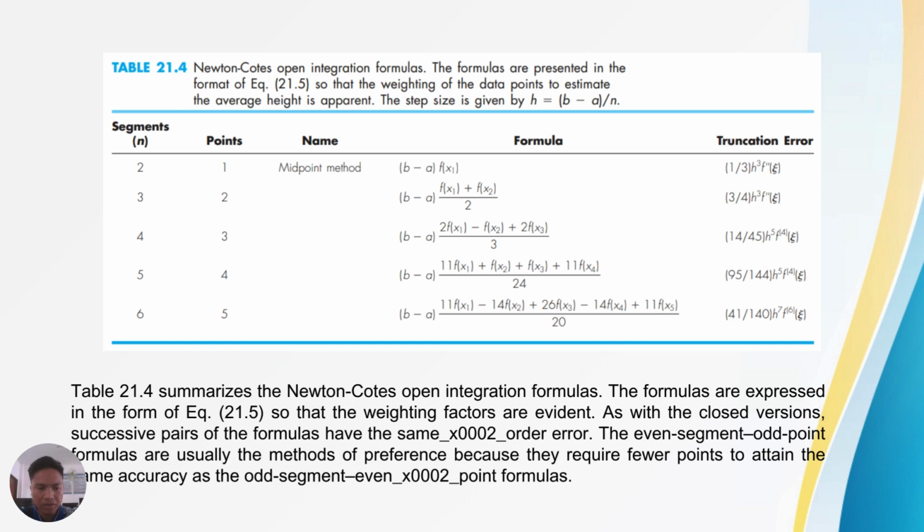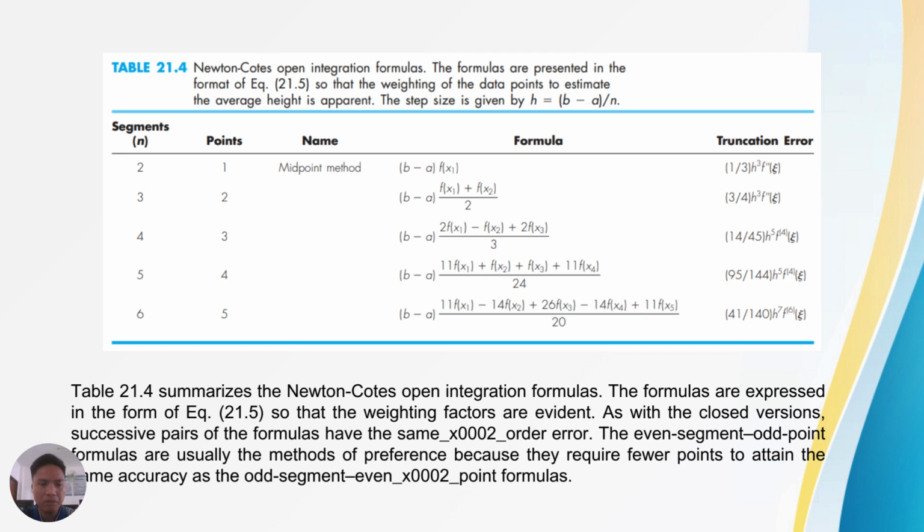of the following equation. As we can see, for example, in the points column, we have 1, 2, 3, 4, 5, and the given number of points determines the formula that we are going to use. For example, if we are given 1 point, that is the midpoint.